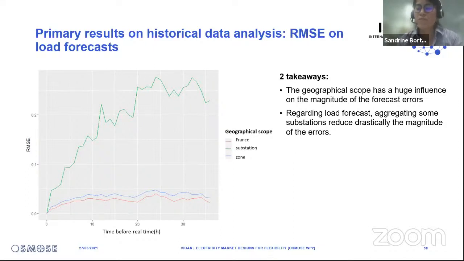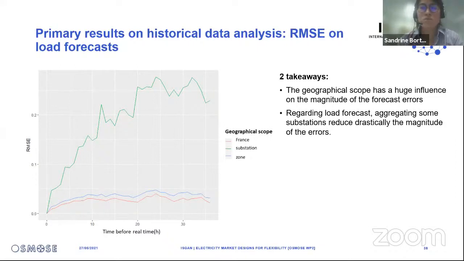So basically this graph shows us that the closer you are to real time, the smaller is your load forecast error. This is not surprising, but what is really interesting for us is to see that the geographical scope has a huge impact on the uncertainties.